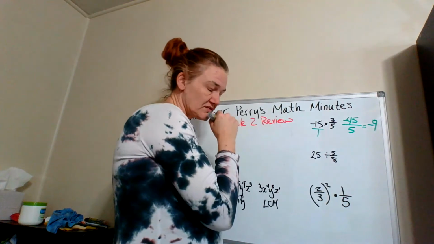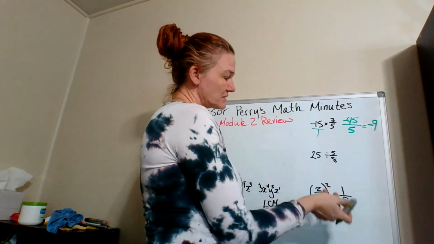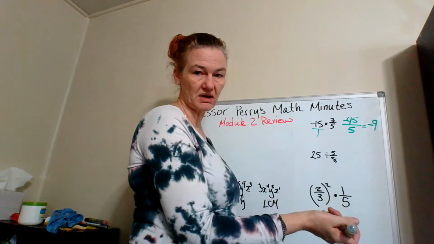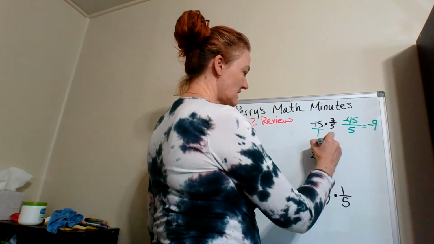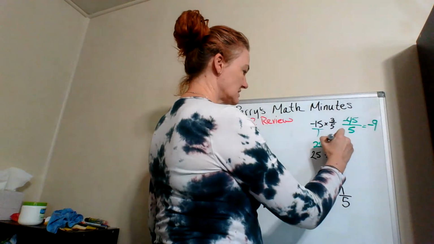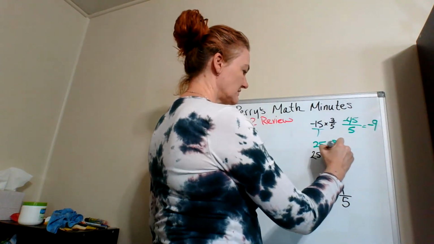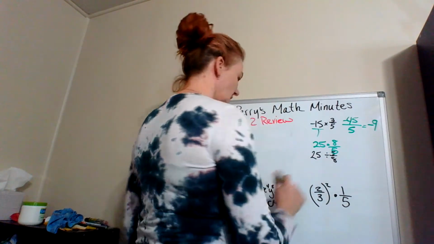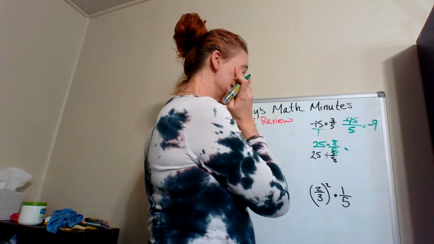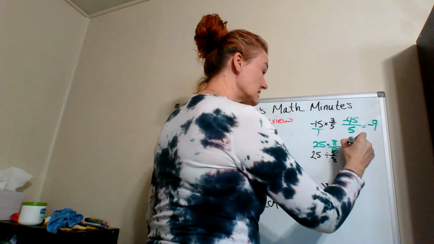Dividing. When you divide by a fraction, you have to flip it upside down and multiply. So this is actually going to be 25 times 8/5. Gotta flip that upside down. 25 times 8 is 200.